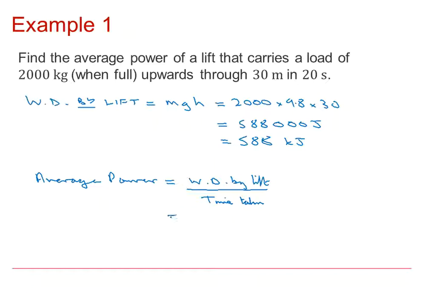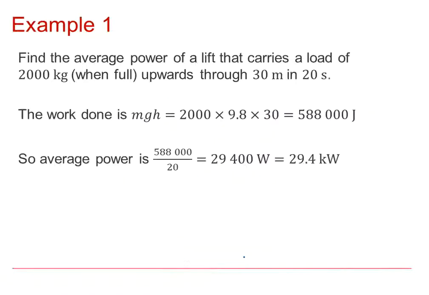So the average power is 588,000 joules of work has been done by the lift, and it was done in 20 seconds. So the average power of the lift is 29,400 watts, or if you prefer, 29.4 kilowatts is the average power. And you can see the method laid out there.